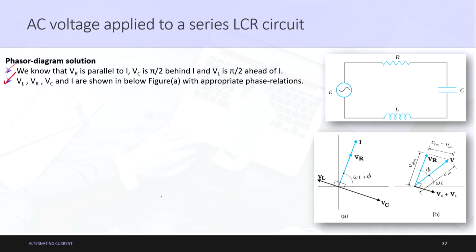VL, VR, VC and I are shown in figure A with appropriate phase relations. Now let us try to understand more about this.